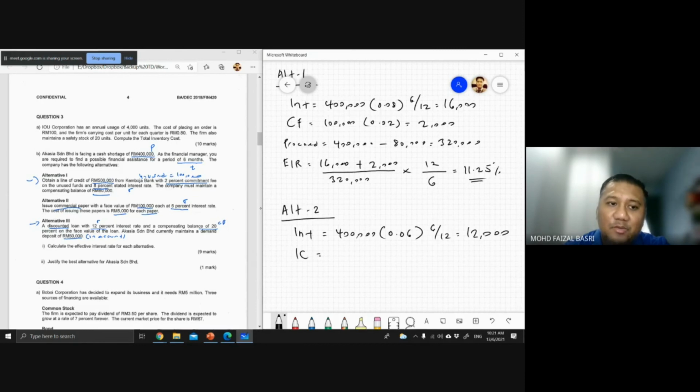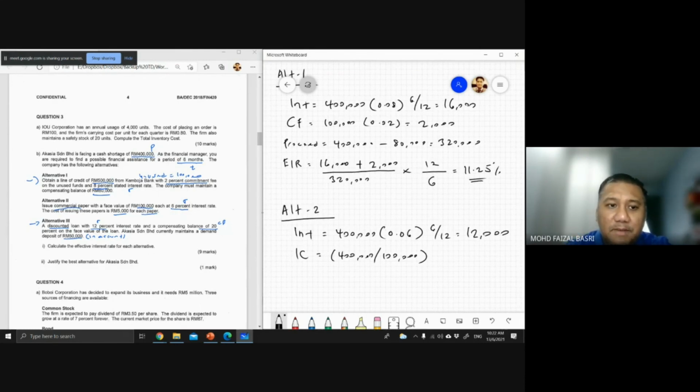Okay, but we don't want 100,000, we need 400,000. Okay, so to know how many papers they need to issue, what we always use is to take the principal, 400,000, divide by one paper equivalent to the face value. Okay, the face value is 100,000. So 400,000 divided by 100,000, we know the company needs 4 papers.